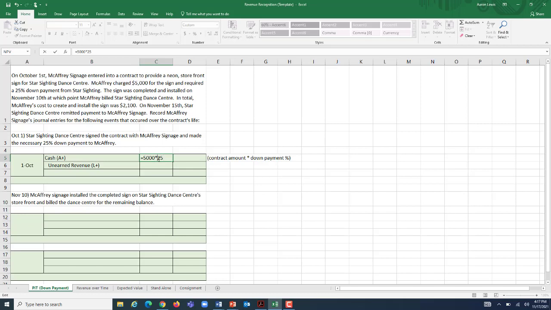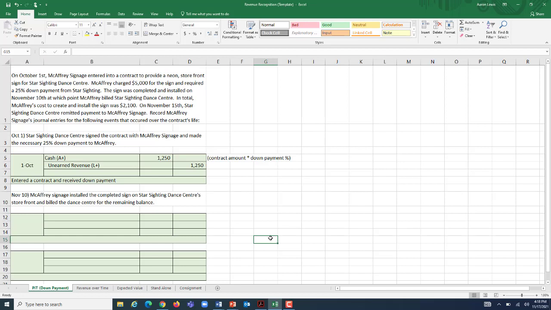And 25% of $5,000 means that at the time of this contract signing, McCaffrey is getting $1,250, and now they're obligated to finish this contract out to create the sign or to repay that $1,250 to Star Sighting. So here we entered a contract and received down payments.